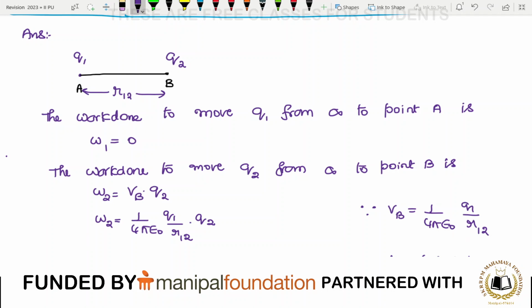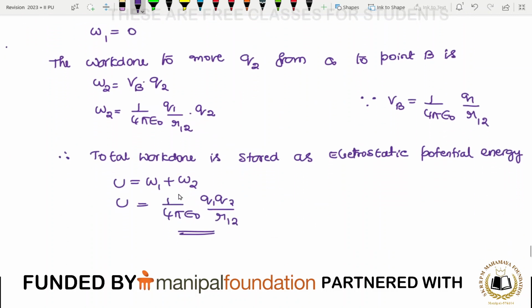Therefore, this total work done is stored as electrostatic potential energy. So we can write U is equal to W1 plus W2, so U is equal to 1 by 4 pi epsilon naught Q1 Q2 divided by R12. This is the total work done, which is stored as electrostatic potential energy.